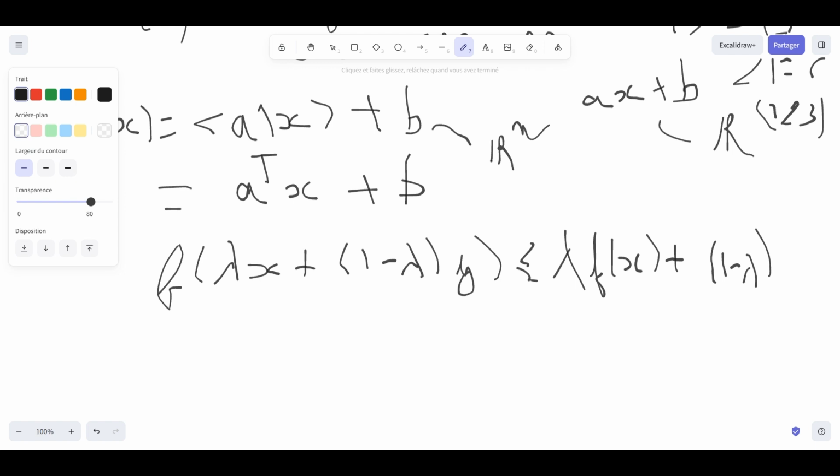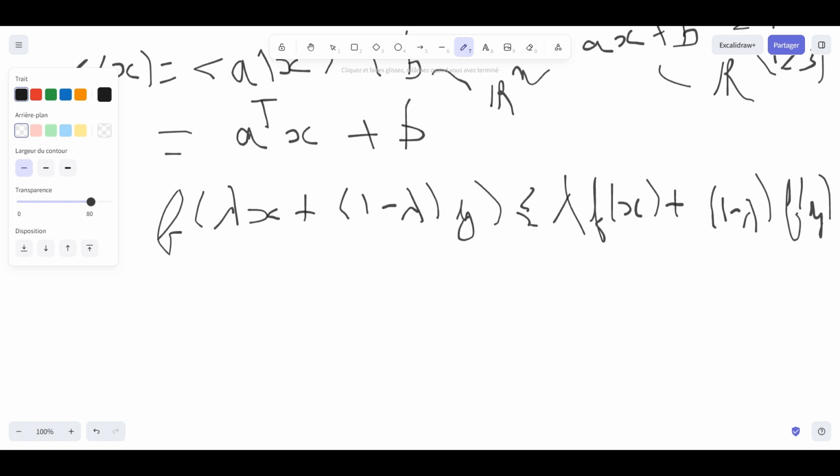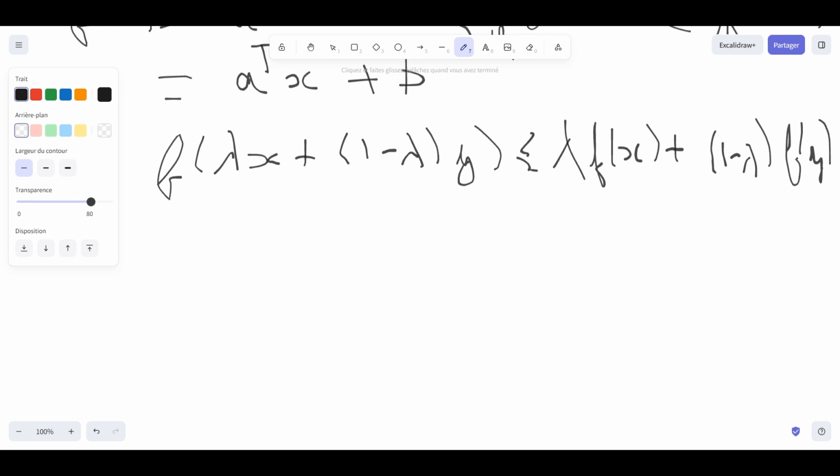After we have this, and I organized the playlist, so you can just go back in the playlist and you don't have to lose yourself. So you have this, and okay, how am I supposed to do?